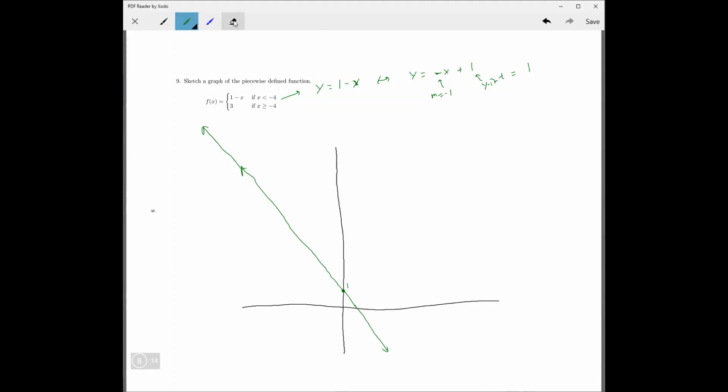But then what you do is you say, okay, hold on, this is if x is less than negative 4. So if we come back here to negative 4, and then go up to the graph, I'm going to put a hole there, and then I'm going to erase all of this going to the right.